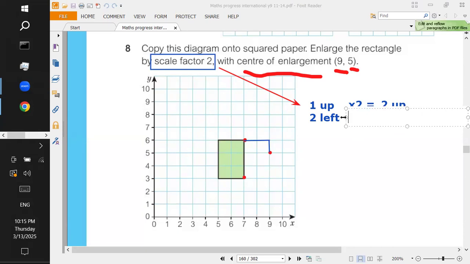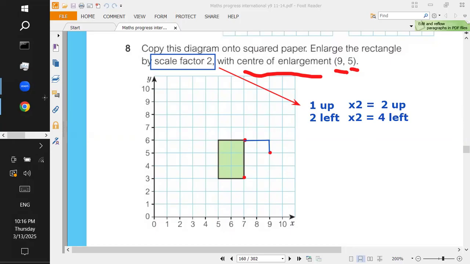Now I multiply this by 2, and the answer will be very good. 2 times 2 will be 4. And then left will become left, which is the same. As we said, positive scale factor doesn't change the direction of movement. Now I'm going to follow this movement, the new movement that I have, which starts with what?